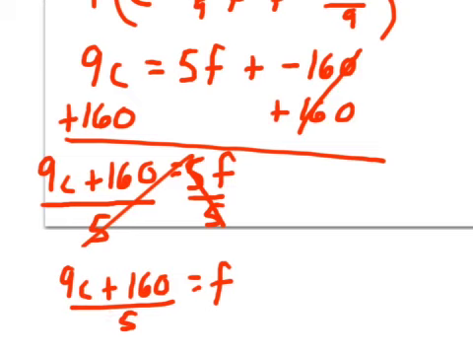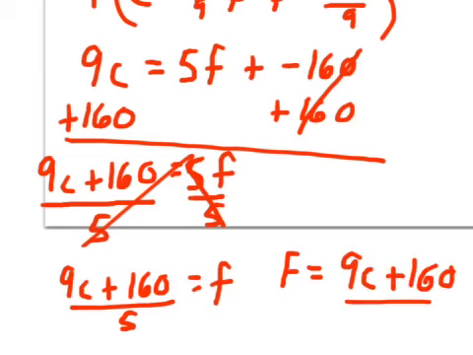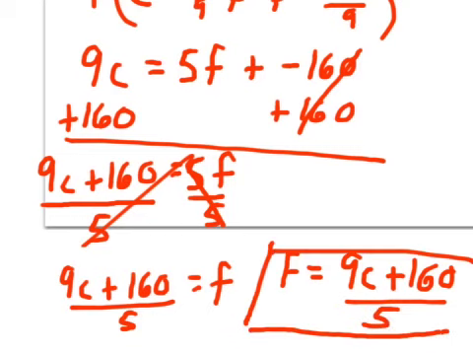So the only thing that I can do is, because again, Mr. Ayers likes things organized this way, I've got my equation written in terms of f now, and it's 9 times Celsius plus 160 divided by 5. Okay? Alright, so now, there we go. Now we can move on to another example.